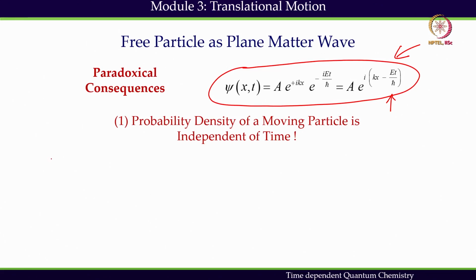If this is the wave function which is representing the free particle which is moving, then let's find out the density for this wave function. What is the density of the particle would be? That's going to be psi(x, t) absolute square, which is nothing but A square.